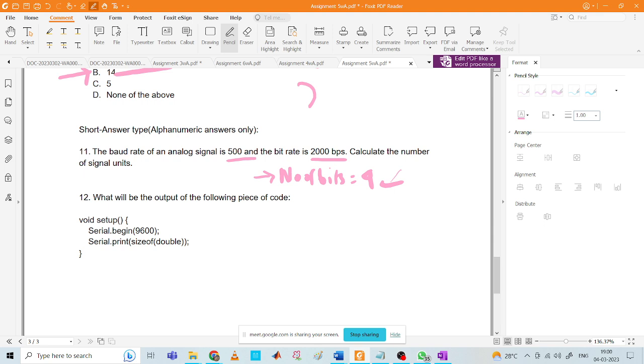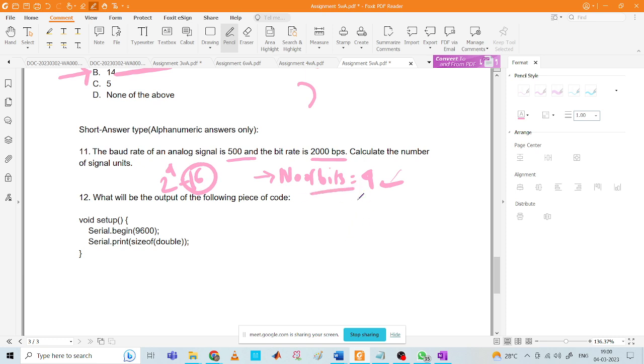But the question is to calculate the number of signal units. The number of signal units that can be calculated from the bit units is on the basis of 2 to the power 4. So the answer is 16.